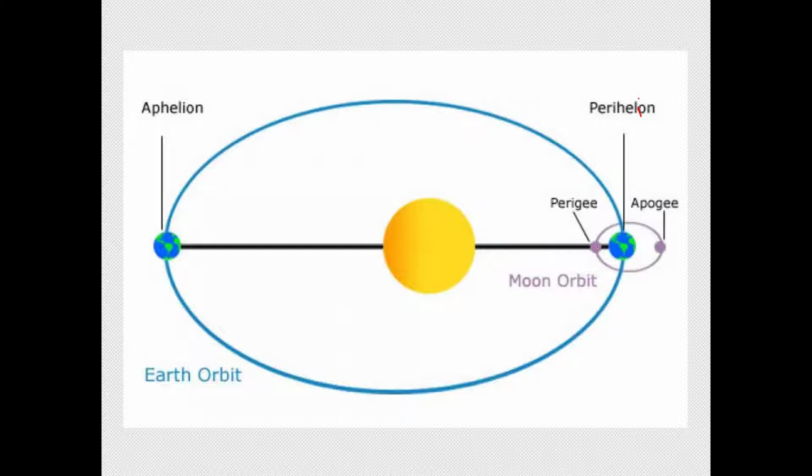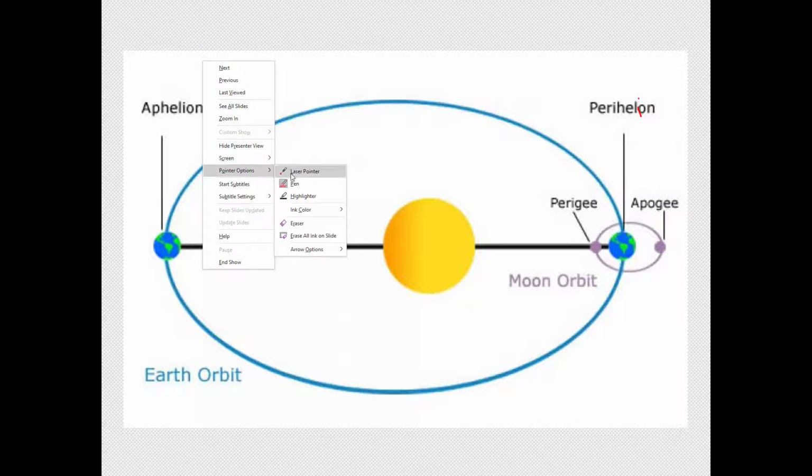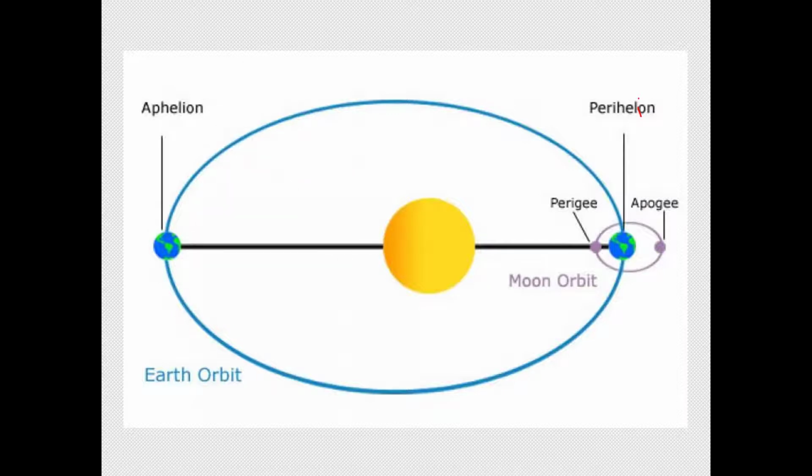And so, as you might imagine, since the sun and the moon have a gravitational influence on tides, your high tides will be higher during perigee, and your high tides will be lower during apogee because there's less pull. And similarly, in perihelion, the sun will exert a greater gravitational pull on the oceans than it will during aphelion. So these are just different astronomical changes in orbit that have an influence on the tides.